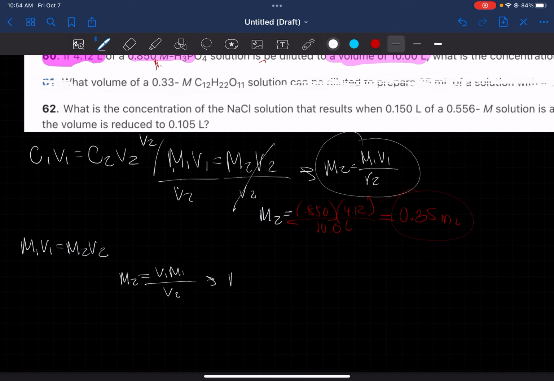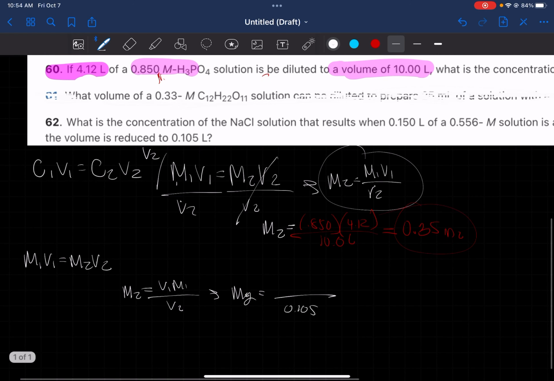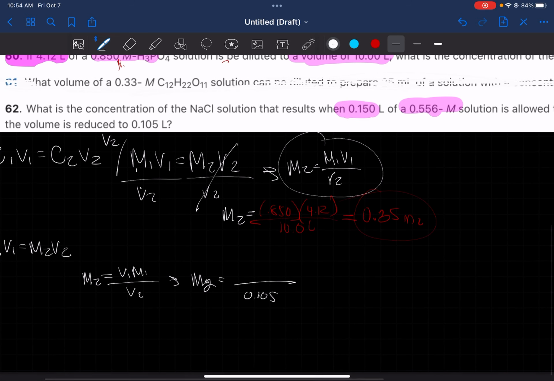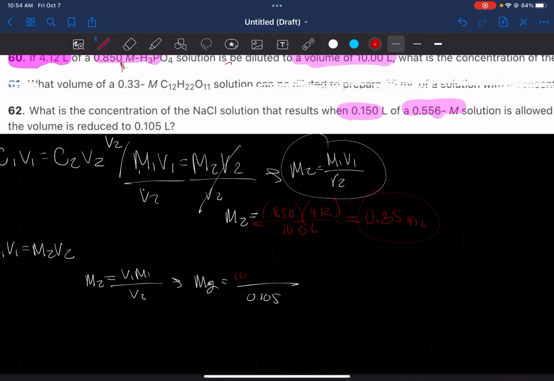So M2 is equivalent to 0.105 liters on the bottom, and we have a starting amount of liters and a certain amount of molarity. So it'd be 0.150 times 0.556, which is equivalent to 80 M2.